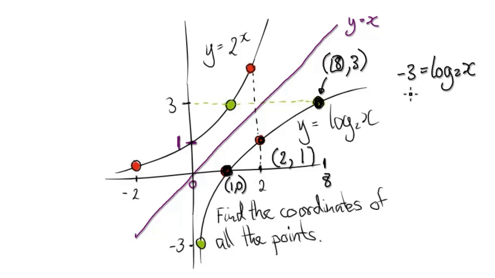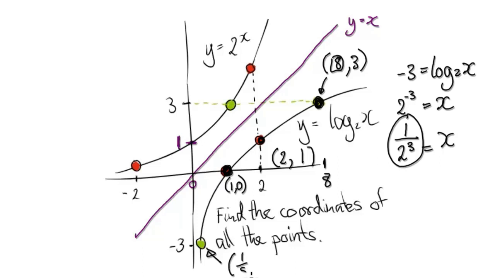Now exponentiate both sides equally with base 2. That would be 2 to the power of -3, and remember 2 to the power of log base 2 of x will be just x. If we don't understand what it means to have a negative power, then we immediately jump to 1 over 2 to the power of the positive version. So this thing here would be 1 over 8. So the coordinates here would be 1 over 8 across and -3 down. So now we've done this.